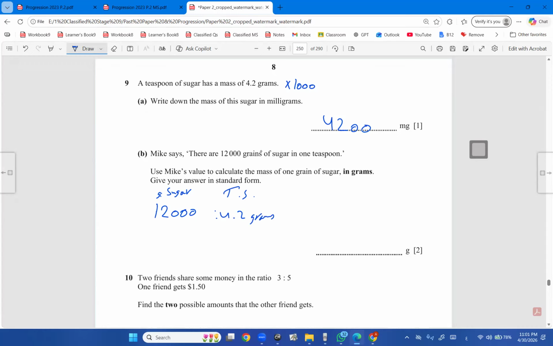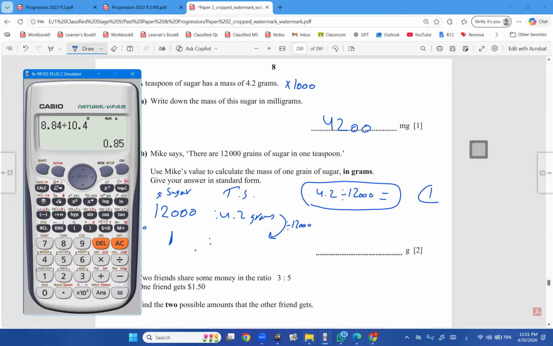So 12,000 grains of sugar have a mass of 4.2 grams. But they wanted to use Mike's value to calculate the mass of 1 grain of sugar only. So what are you going to do? What happened to the 12,000 to become 1? You divide it by 12,000. So you divide 4.2 grams also by 12,000. So 4.2 divided by 12,000 equals, and then you find the answer. You should write this. For this only, you're going to take 1 mark.